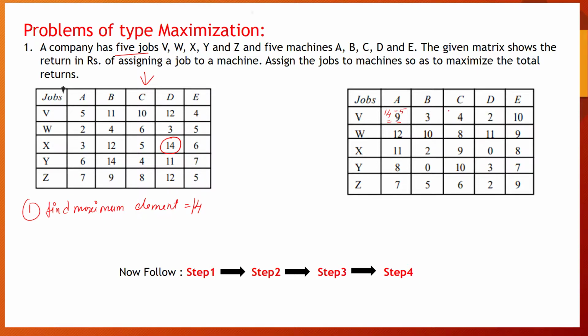Similarly, 14 minus 11, we have 3. Similarly create this table. We have 1. And 14 minus 14 is 0. So we need to create this table. This is nothing but the table on which we perform the minimization operation. Let me name this table the minimization table.